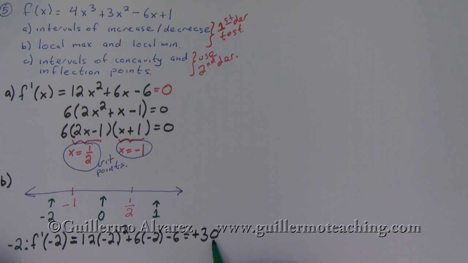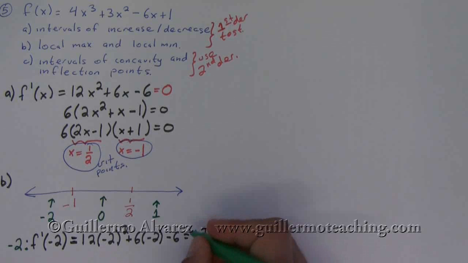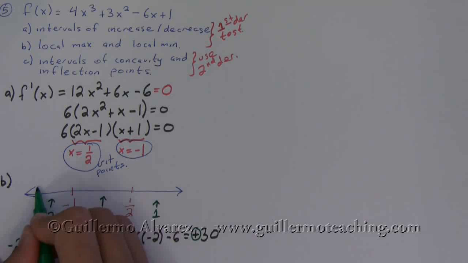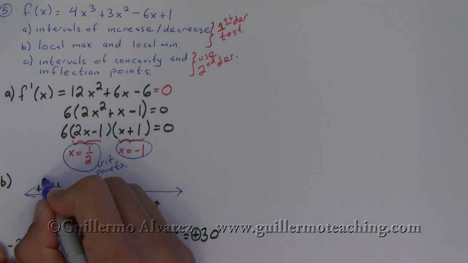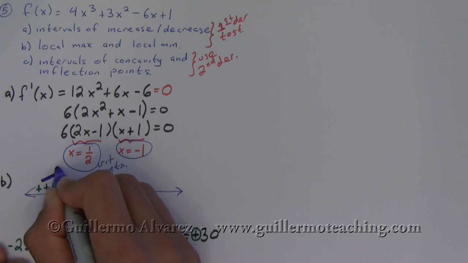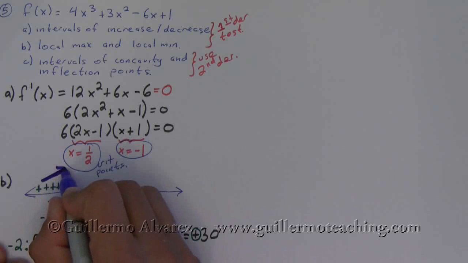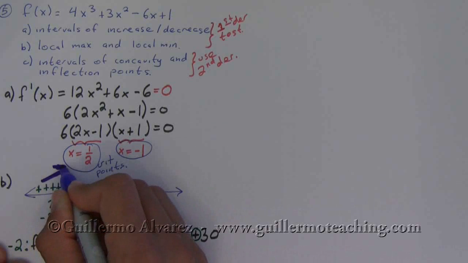And again, it's not really the number, it's the sign that I'm interested in. So the sign is positive. That means my function is increasing. I'm going to label increasing by a big fat blue arrow going up.